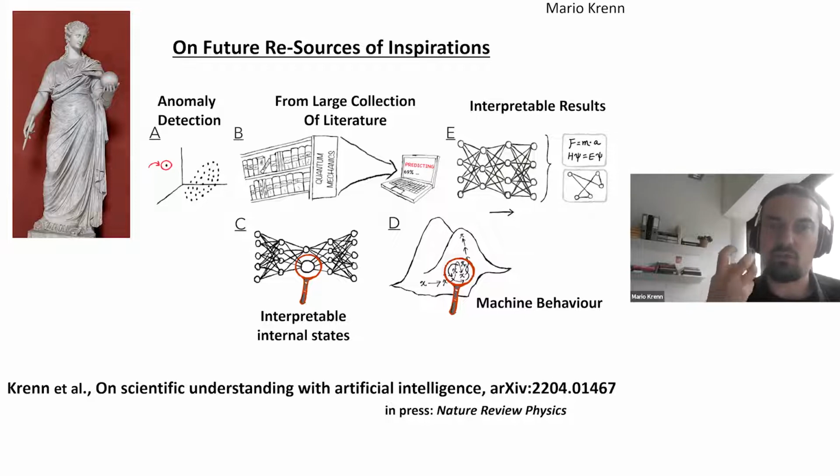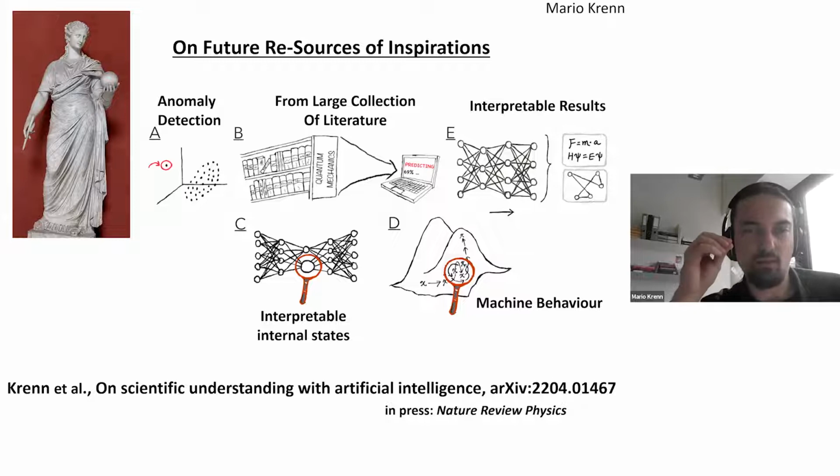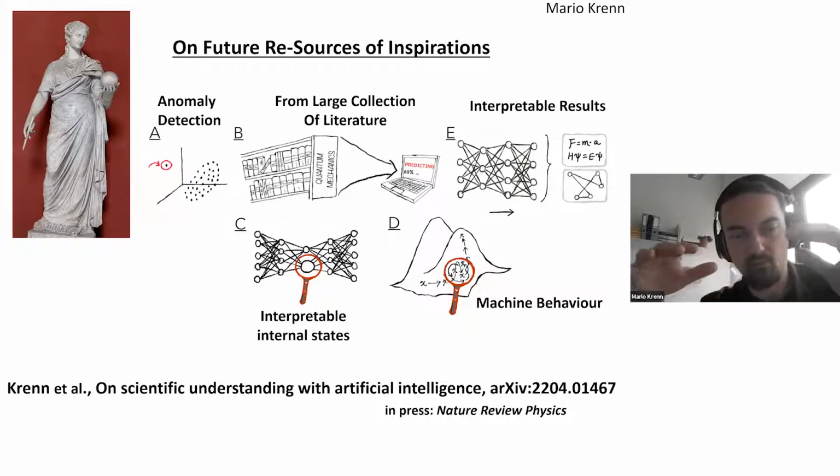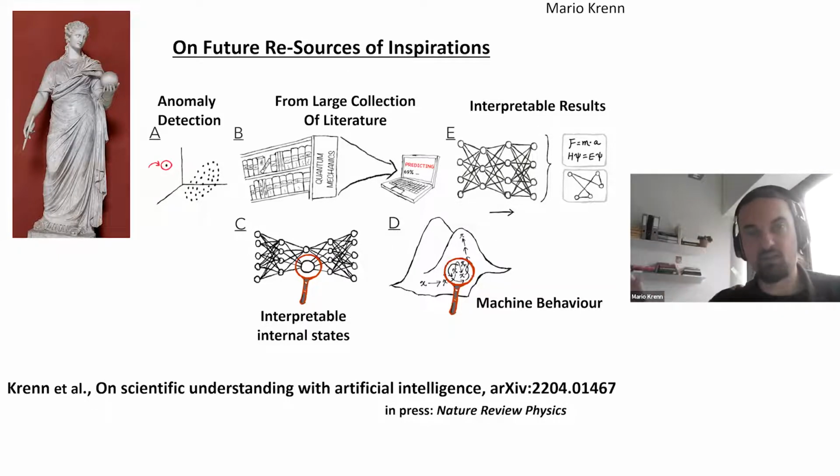So in a way, just by looking at the behavior of the machine, you can see places where there are difficult or new physical properties of the space, and you can then look at those places and see what is going on there. I have more details and a reference to works that have been done in this direction in our perspective paper.